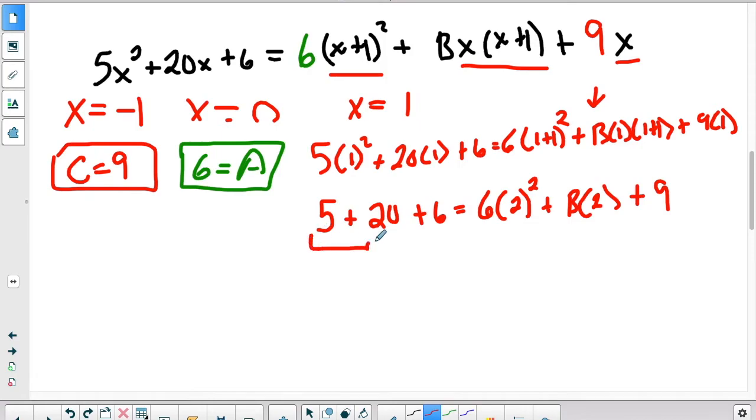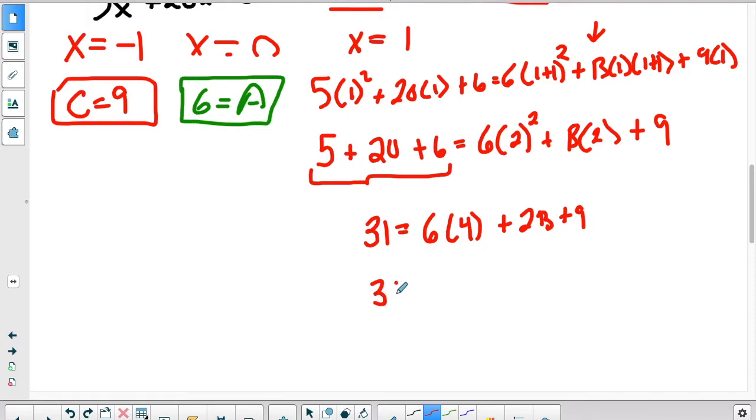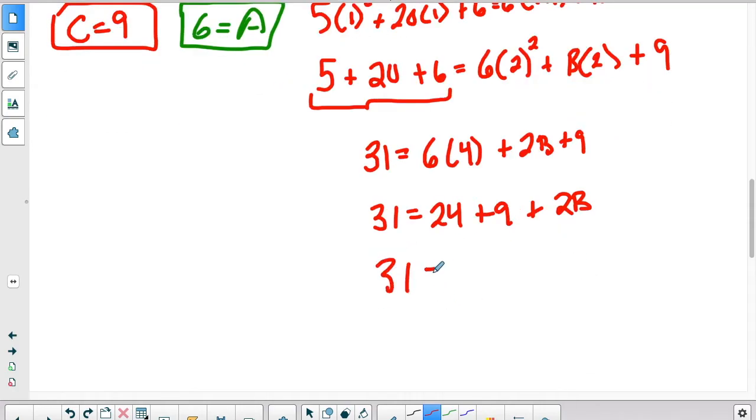Now I'm going to add all of these together over here. 20 plus 5 plus 20 is 25, plus 6 is 31. 2 squared is 4, plus 2b plus 9. Now 6 times 4 is going to give us 24, plus 9 plus 2b. I'm rearranging so our like terms are next to each other. 24 plus 9 is 33 plus 2b.